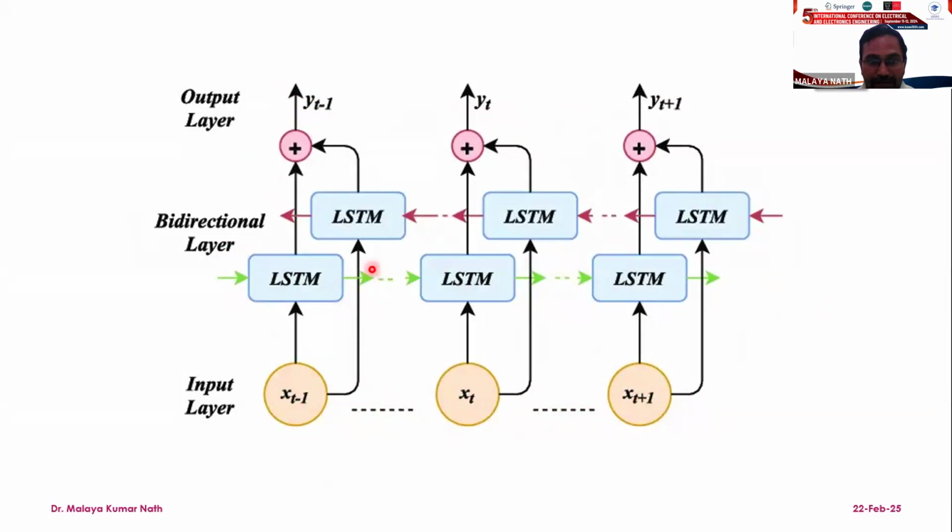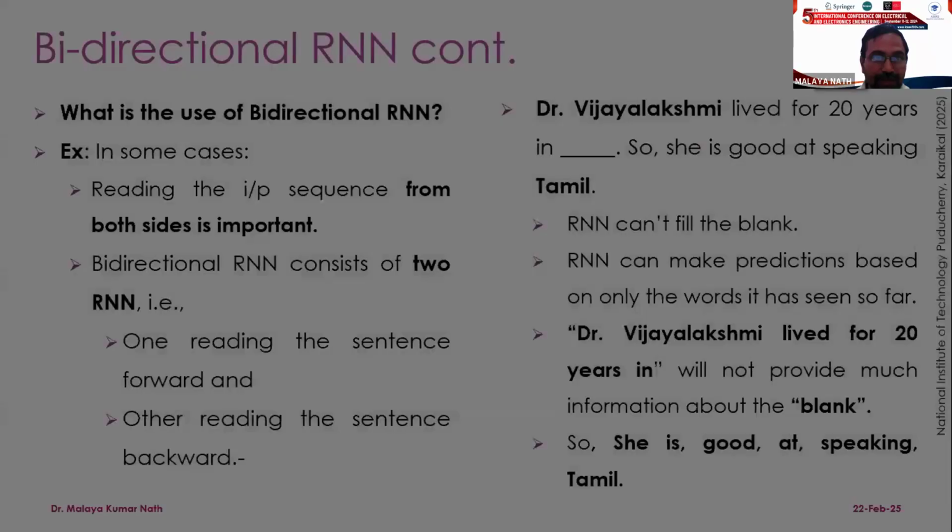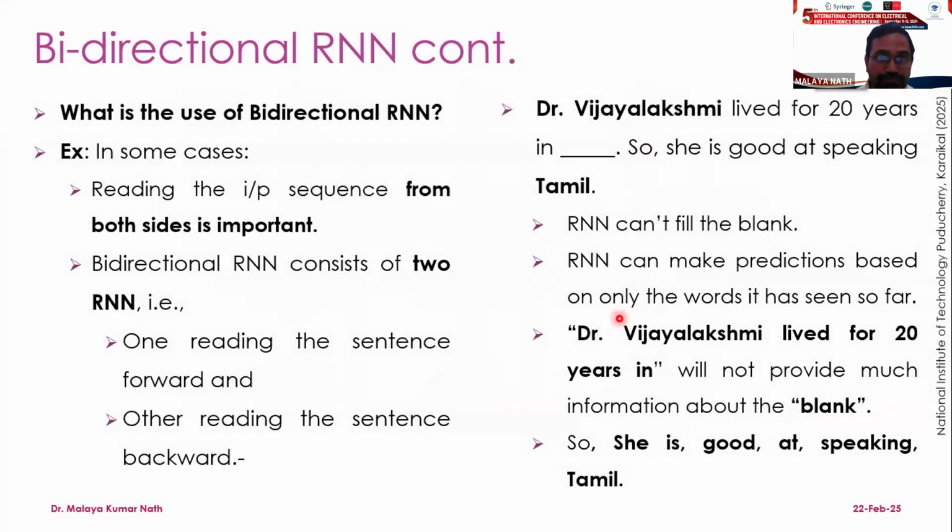In the forward pass, it consists of an LSTM that comes from h0 or h of t minus 1 to h of t, and then h of t plus 1. There is a backward pass of LSTM that comes from h of t plus 1 to h of t and h of t minus 1. And this is the architecture of the bidirectional LSTM, how exactly it is present.